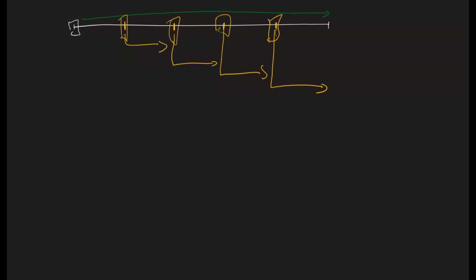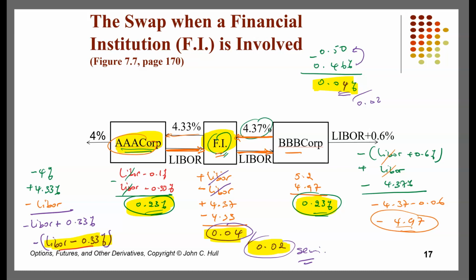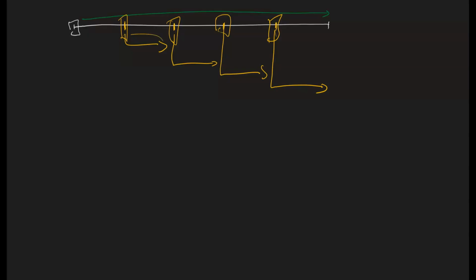And so there may be a mismatch between these two transactions here. And by mismatch, what I mean essentially is the fact that this triple B rated corporation that we have here, that's paying LIBOR plus 0.6% here, is the corporation that is essentially having these renewed cash flows from period to period.